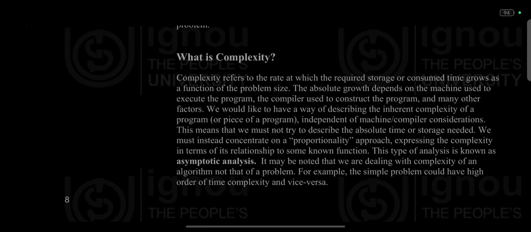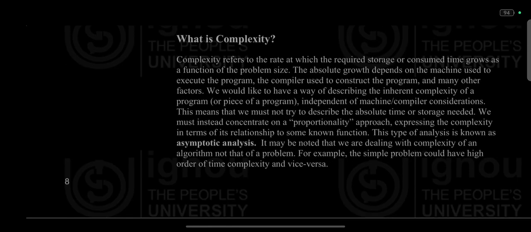What is complexity? Complexity refers to the rate at which the required storage or consumed time grows as a function of the problem size. The absolute growth depends on the machine used to execute the program, the compiler used to construct the program, and many other factors.